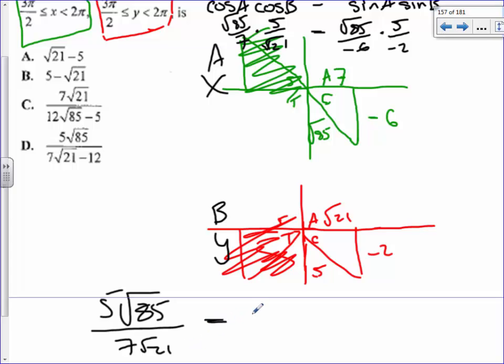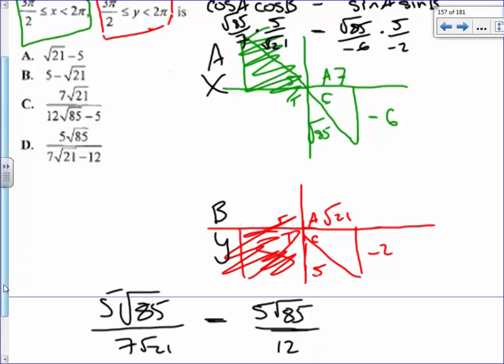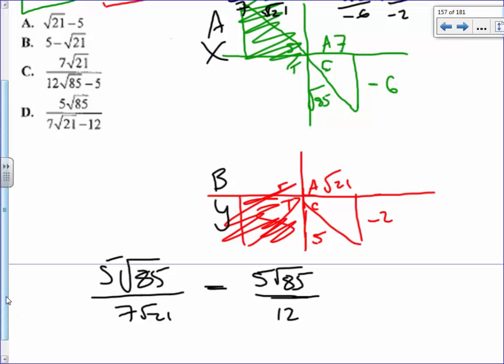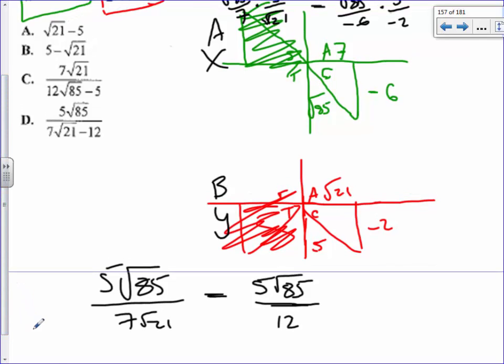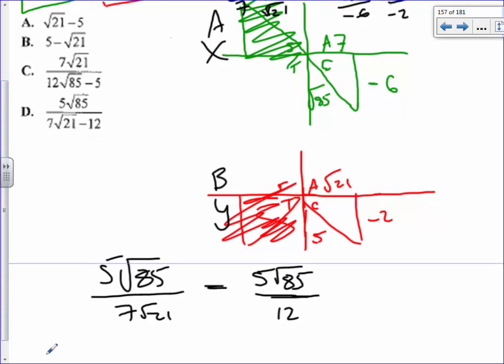And then we're subtracting another 5 with a root 85, and that's all over a 12. Yeah, the problem is these guys right here don't have common denominators though, do they? I just realized something though. Actually, I think it is D.